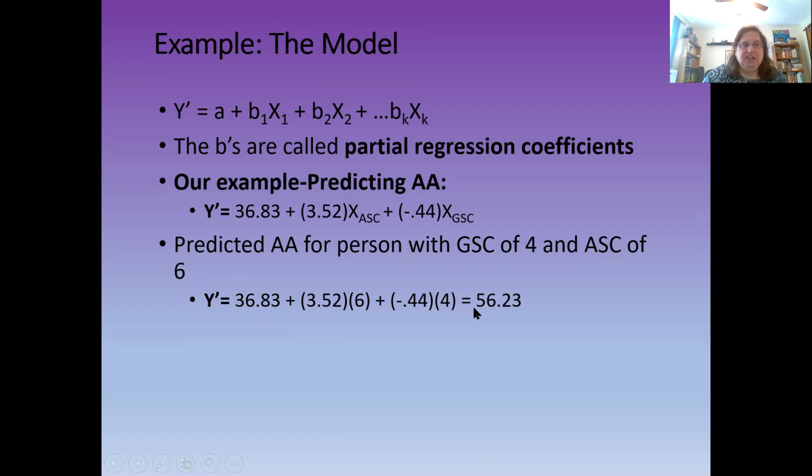And we would predict that their academic achievement score would be 56.23. So this is really just like what I showed you for the simple linear regression with a little more added on.